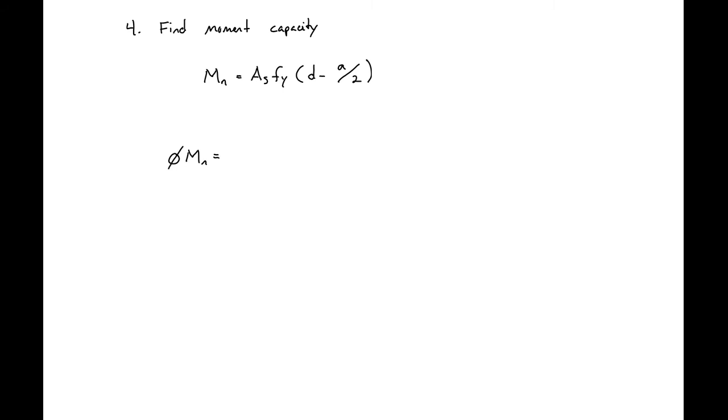We're now ready to find our moment capacity. So just plugging into our nominal moment capacity expression, we'll have 4 square inches of steel times 60 ksi steel times our d, 20.3, minus our a, 0.84 divided by 2.